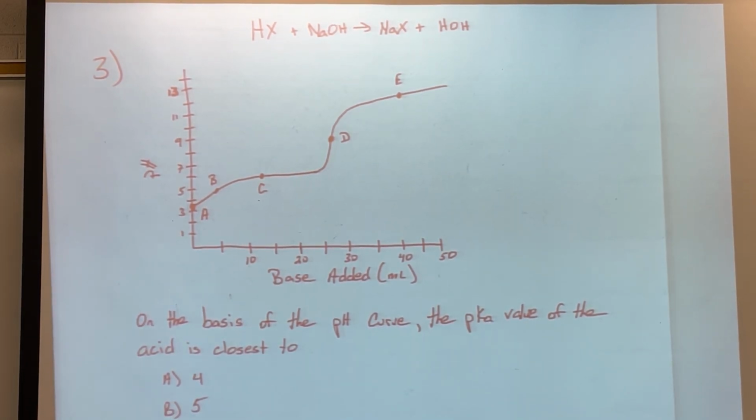But as I start adding base, OH minus, what does that do to my equilibrium? Shifts it which way? As I start adding OH minus. Okay? You can think of it as plus OH minus making water here, which means the reaction is going to shift that way.